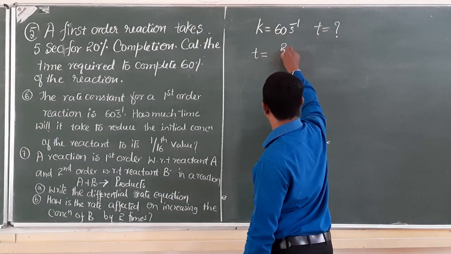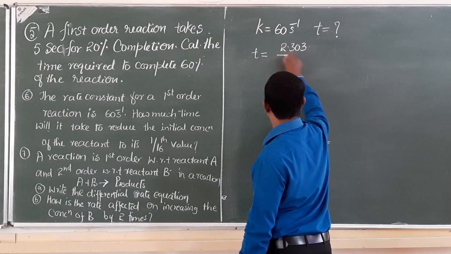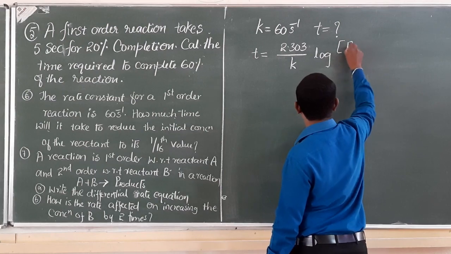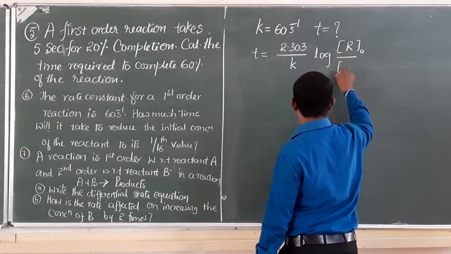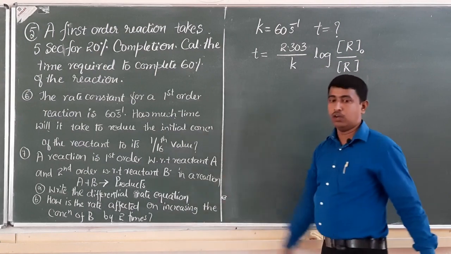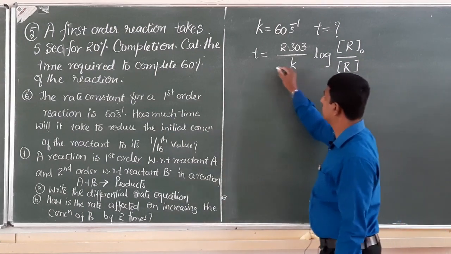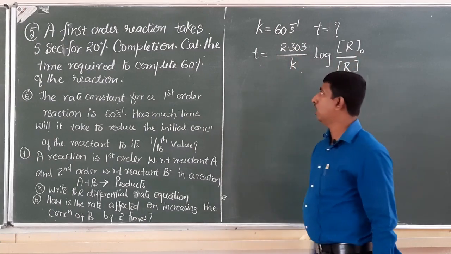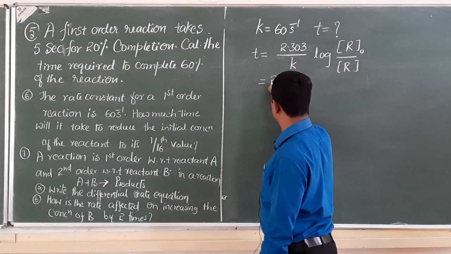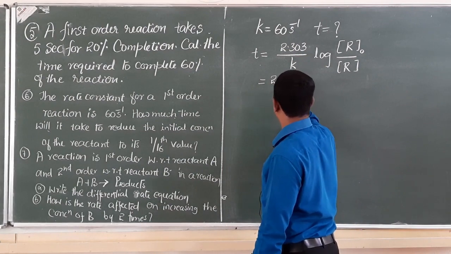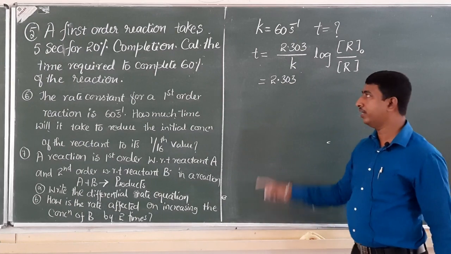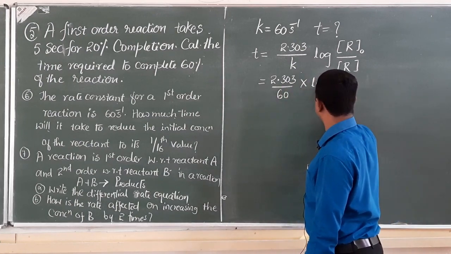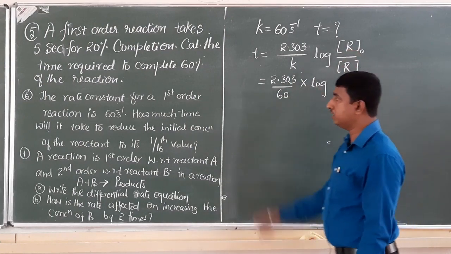T is equal to 2.303 by K log R naught by R. Substitute the values. It is equal to 2.303 by K, the rate constant, which is given as 60, into log R naught. This value we don't know.